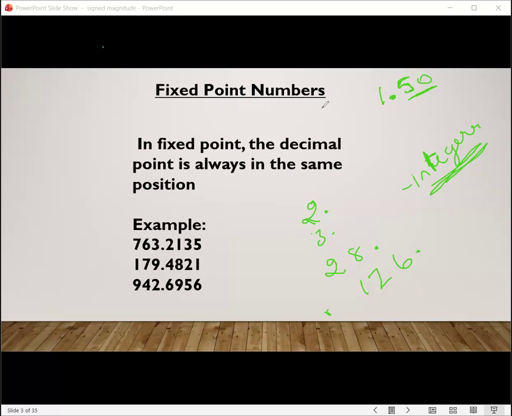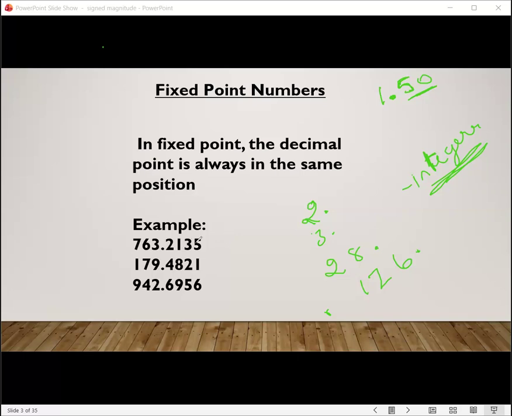This type of representation is called fixed point numbers. The decimal point is always kept after the same number of digits. See here, after the decimal point you have four numbers. Even in the next example, you have four numbers. Even in the next number, you have four numbers. So it is fixed, and it is always easy for computers to do calculations.